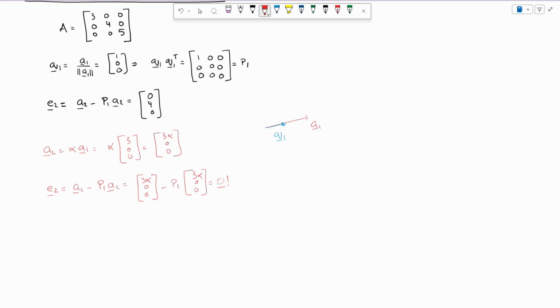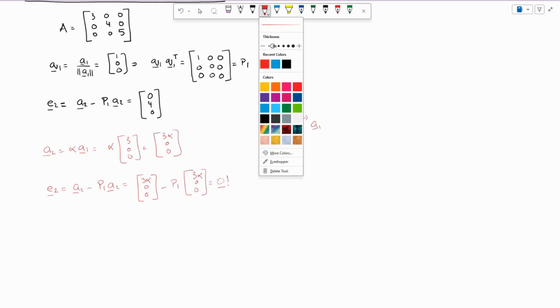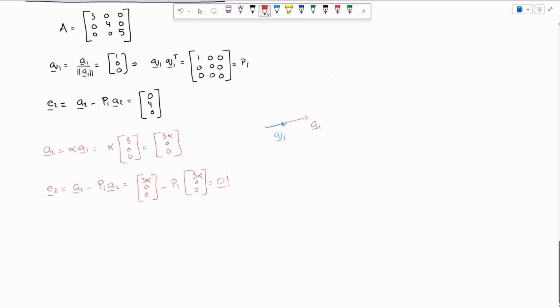Where A2 equals E2. In general, A2 looks like this, if you remember the picture. This is A2. And then we drop a perpendicular. We drop a perpendicular.